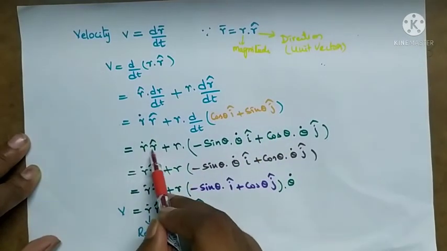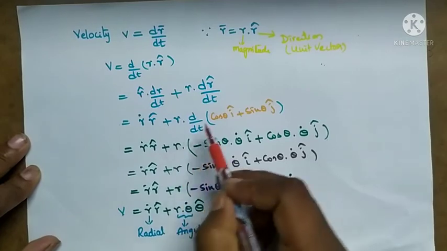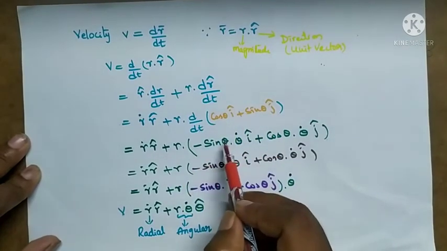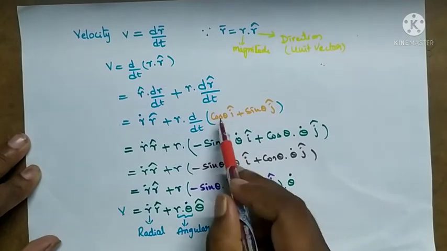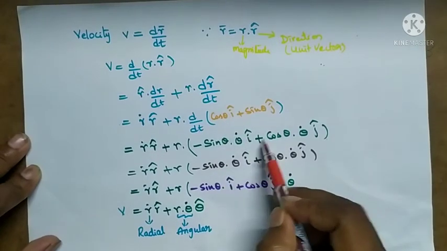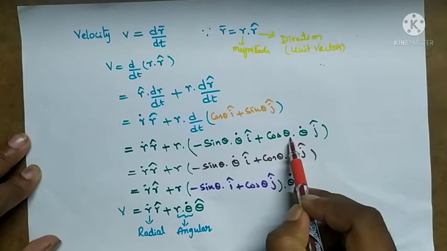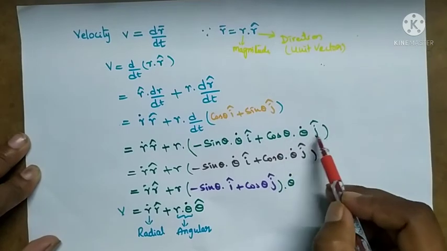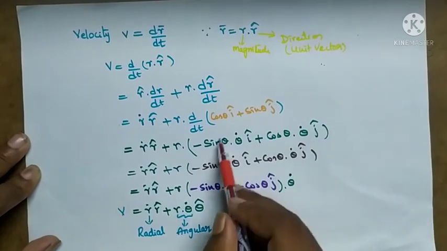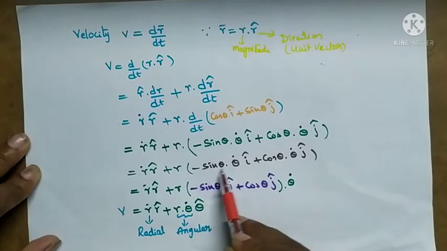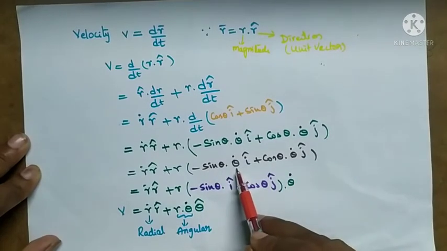Then r dot r cap plus r into the differentiation of this one. Cos theta differentiation is minus sin theta, and theta differentiation with respect to time is theta dot, with i cap, plus sin theta differentiation is cos theta, and theta differentiation with respect to time is theta dot, with j cap. So I am writing the same equation, but in the bracket we have theta dot common.